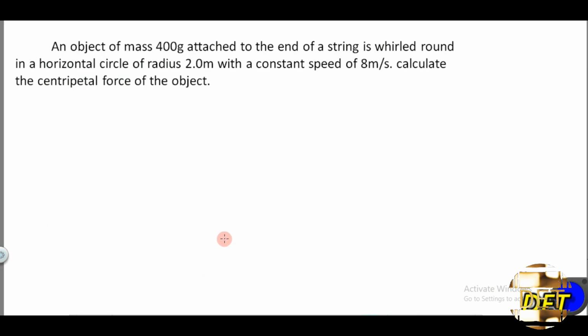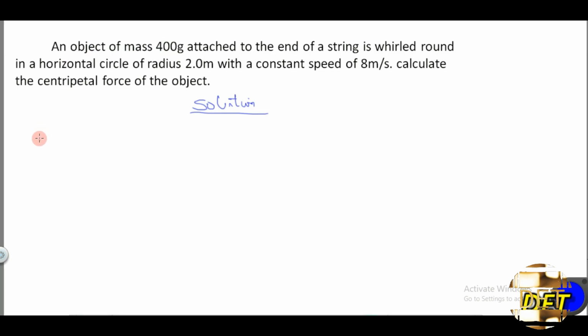Let's look at the next question that we have here. And the question here is, an object of mass 400 gram attached to the end of a string is wheeled round in a horizontal circle of radius 2 meters with a constant speed of 8 meters per second. Calculate the centripetal force of the object. So the first thing that we want to do here is to bring out all the parameters that we're given. An object of mass 400 gram.